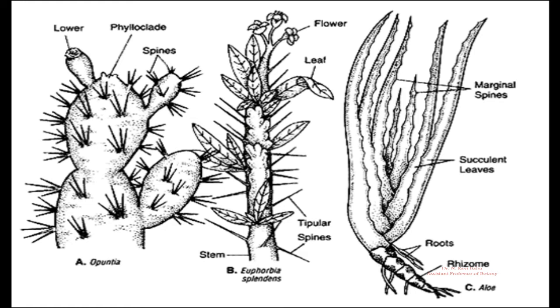Opuntia is the best example for phylloclades, right, friends? Phylloclades are nothing but modified fleshy stems. And in some others, single or occasionally two internodes modify into fleshy green structures, and they are called cladodes.